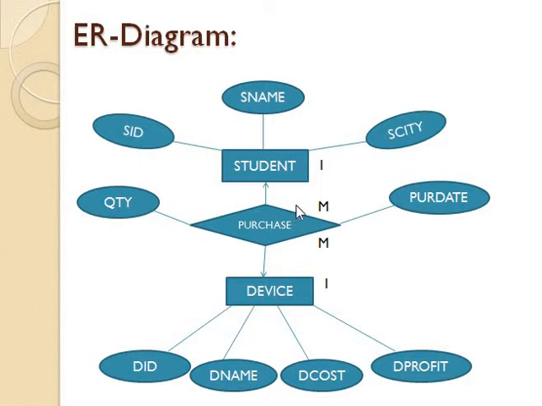But remember, the relationship between the entity student and device should be M:M. This is because if a student can purchase many devices, then a particular device can also be purchased by many students. So the relationship between the entity student and device is many to many, or M:M.